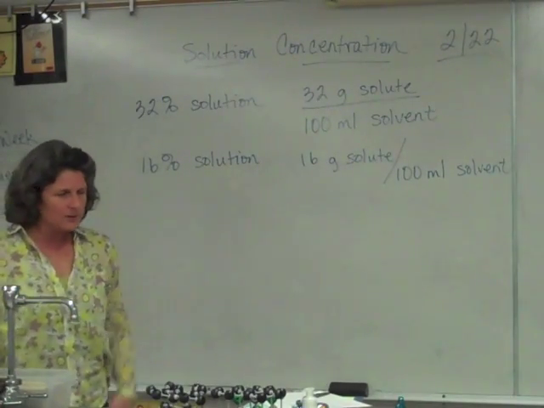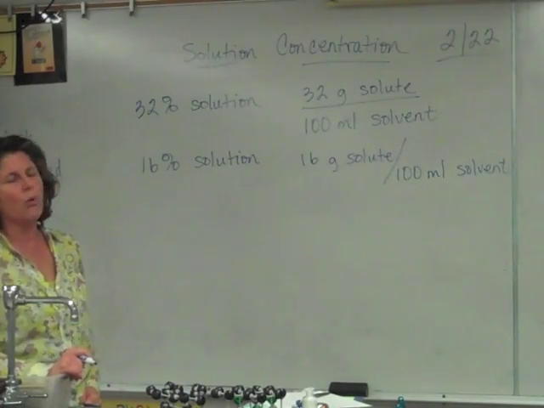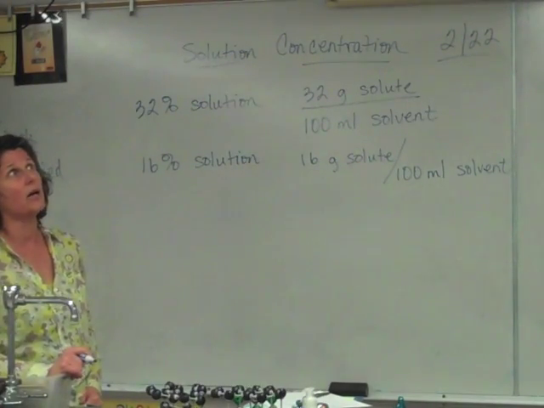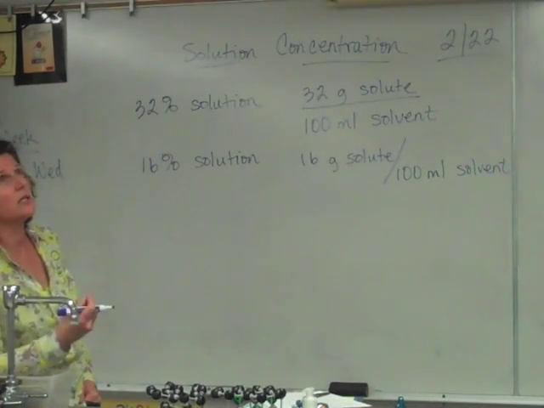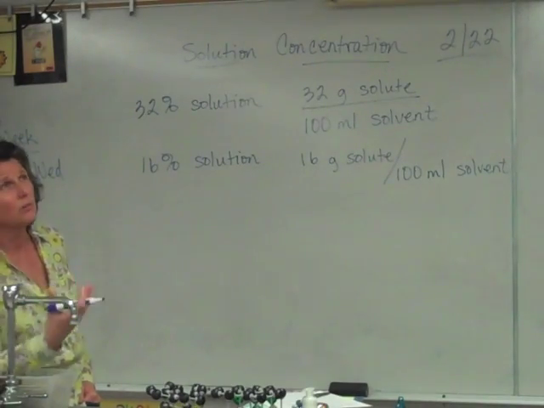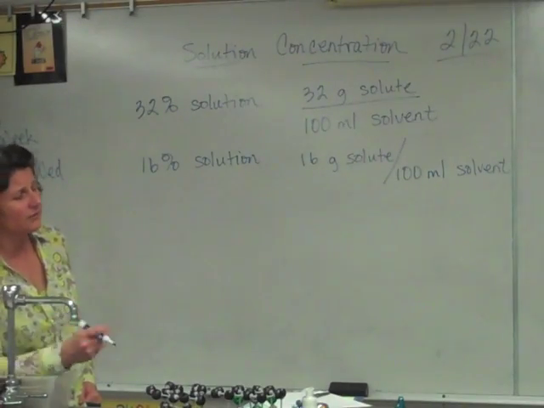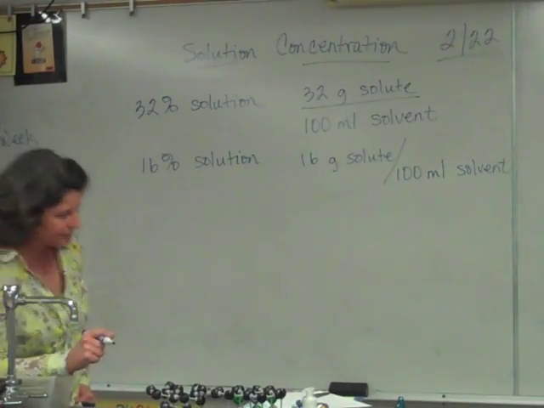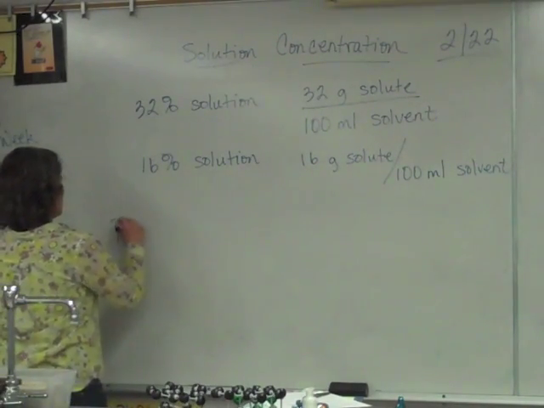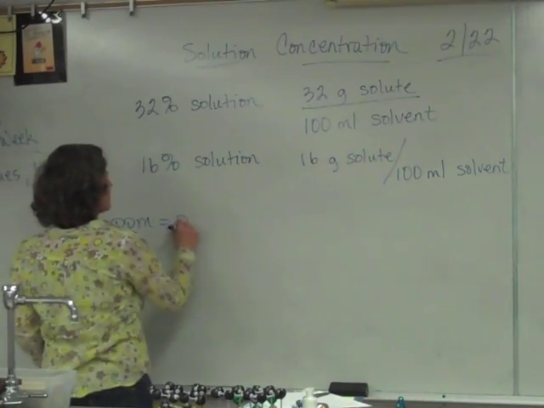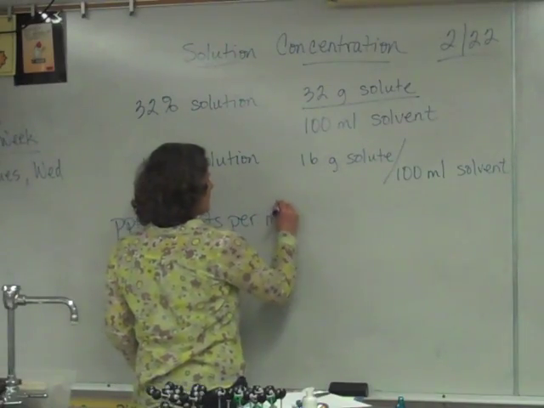And then, last but not least, and this one is important when we're talking about water quality, so pollutants or minerals in solution, very, very small amounts can be measured in ppm, which is parts per million.